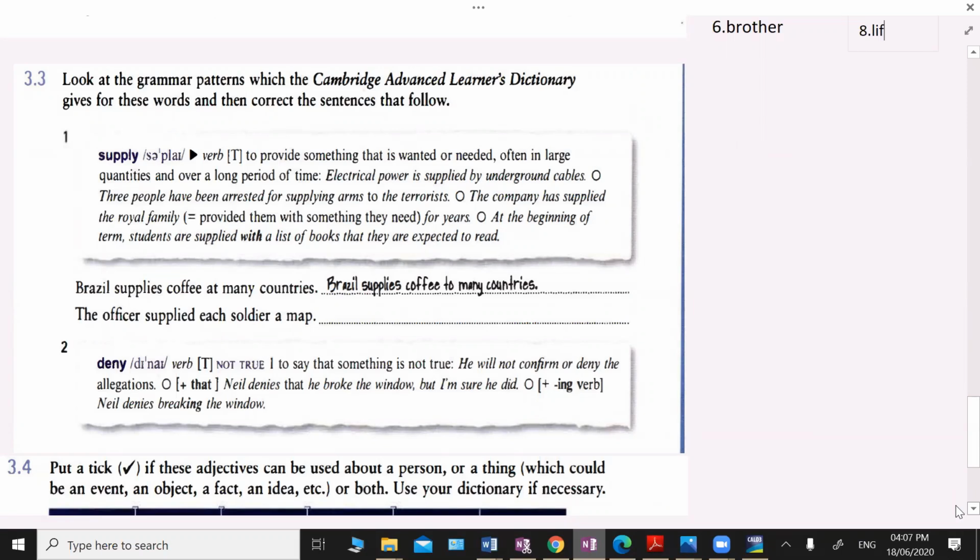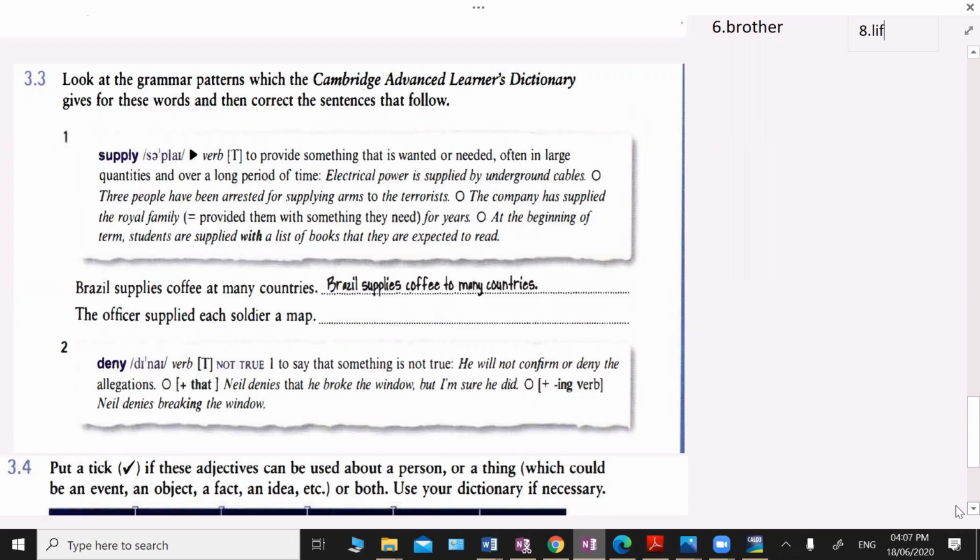Then an example, a sentence. Electrical power is supplied by underground cables. Three people have been arrested for supplying arms to the terrorists. This is another example of the word.